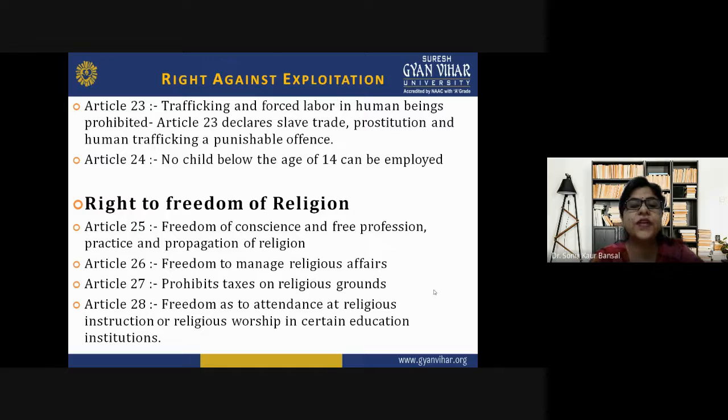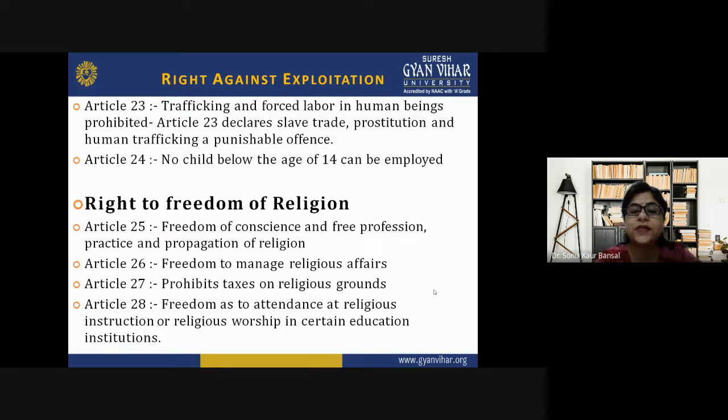Then the right to freedom of religion. Articles 25, 26, 27, 28 are related to the right to freedom of religion. So what does Article 25 say? It says freedom of conscience and free profession, practice and propagation of religion.